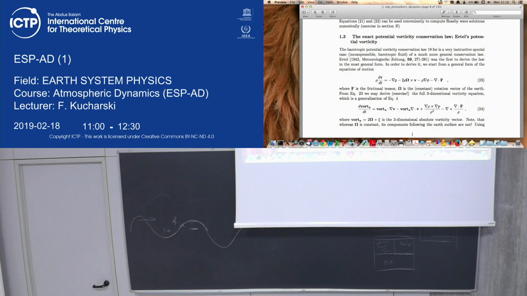You get an equation like this. It can be done by applying vector algebra properly, but you can also simply use Cartesian coordinates and do it for the components of this equation. And then you will find it can be expressed in this way.